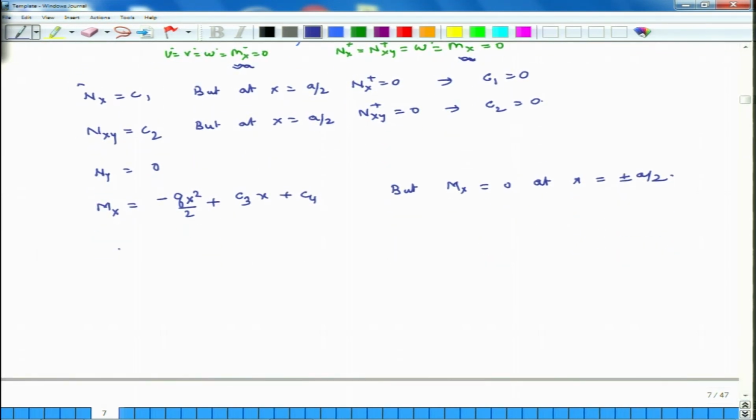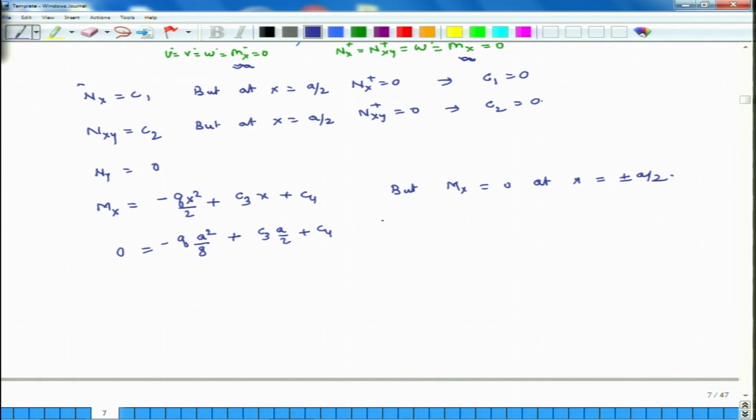So, we first put in x equals plus a by 2. It is equal to q a square over 8 minus C3 a over 2 plus C4.